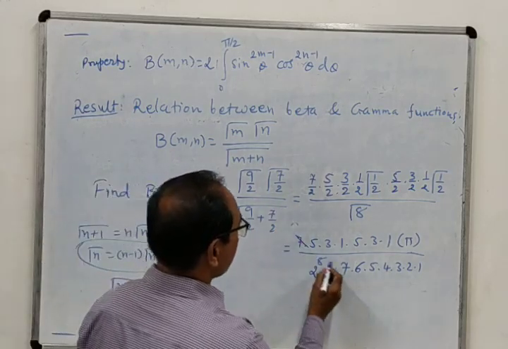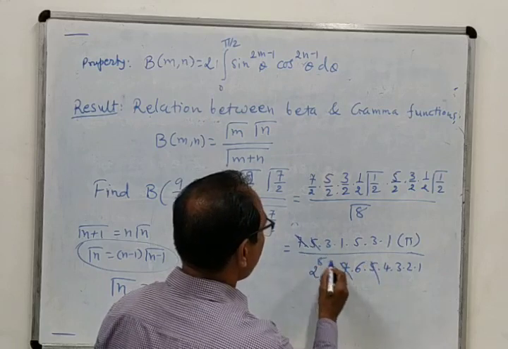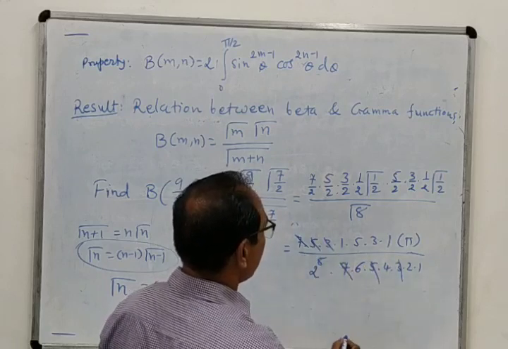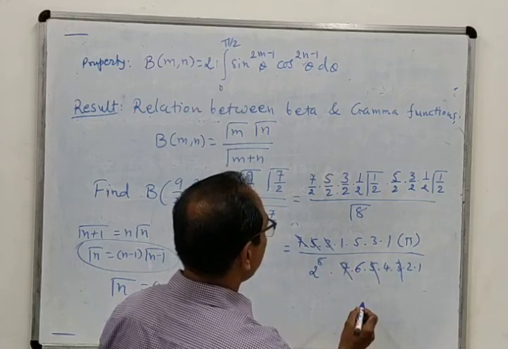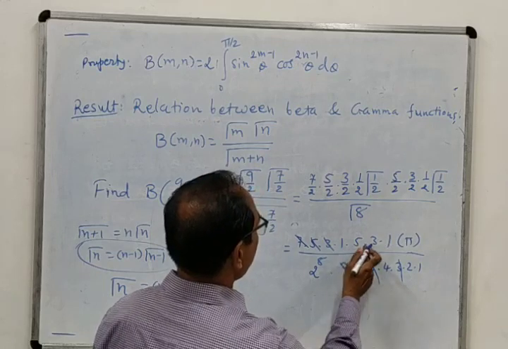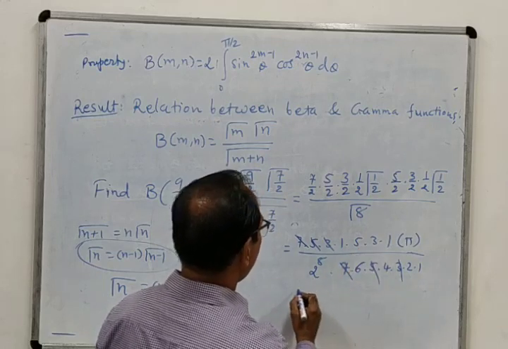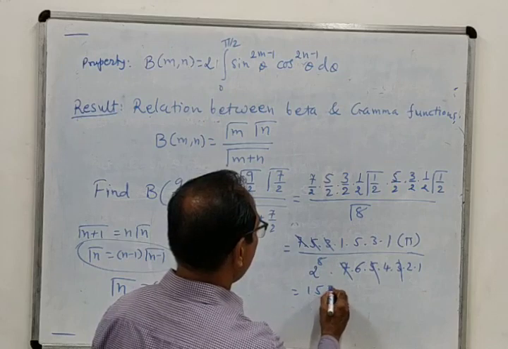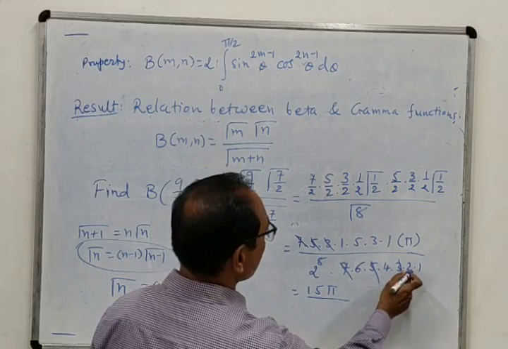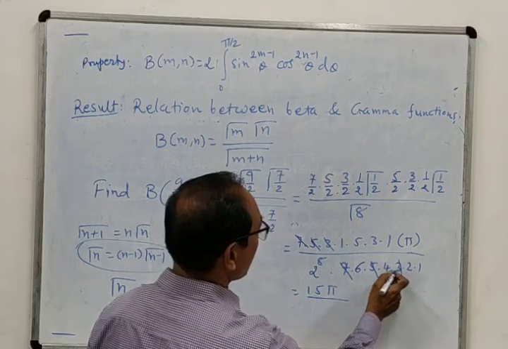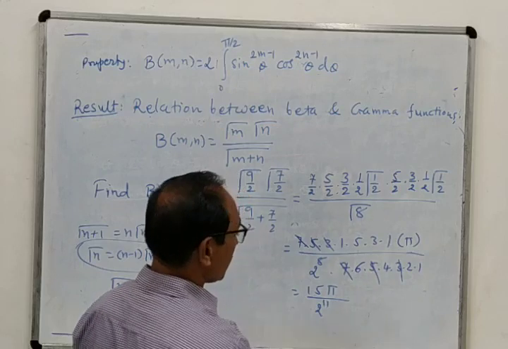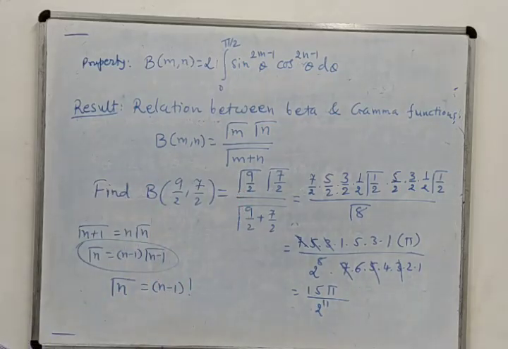Here 7 and 7 will be cancelled, 5 and 5 will be cancelled, 3 and 3 will be cancelled. Then 5 threes are 15, so 15 pi, divided by 2 raised to 11.